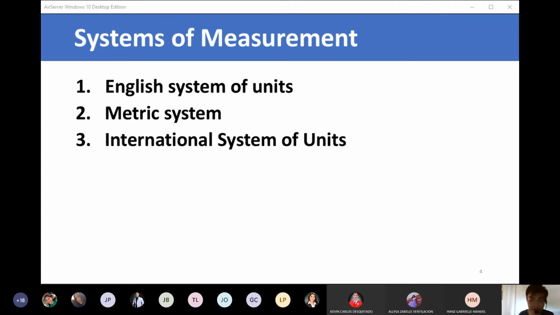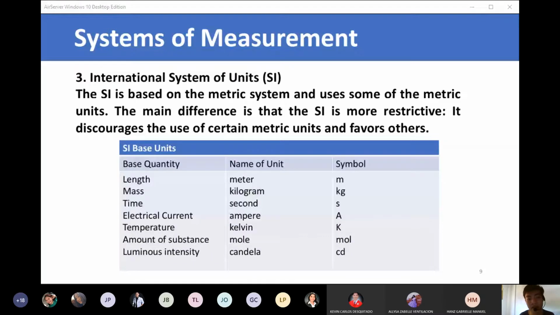Then the latest revolution would be the SI system, or the SI units. It just redefined all the metric units in terms of universal constants.